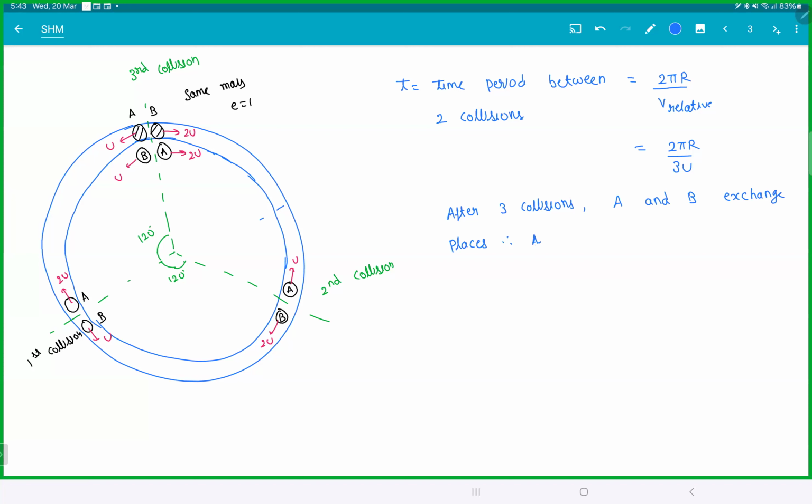Therefore, after 6 collisions, the motion repeats. It will take another 3 more collisions for A and B to exchange places again. Therefore, time period will be 6 times t, which is 6 into 2 pi r by 3u, which is 4 pi r by u. Tick.